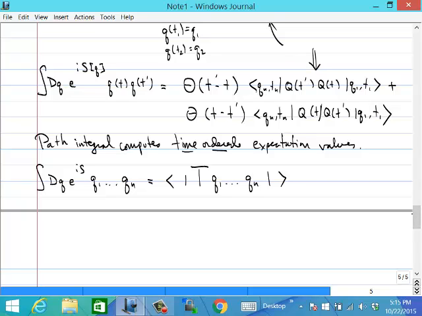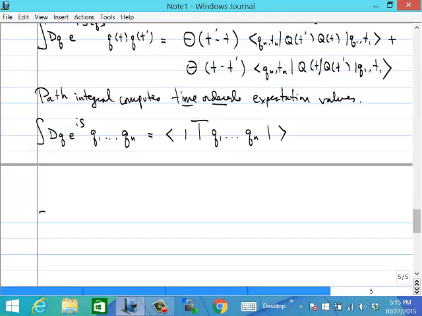So I want to end with one topic that I think is sometimes a little confusing, so it's something we're going to have to return to. So far, we've considered computations of expectation values in position eigenstates. And of course, in general, we're not necessarily interested in position eigenstates.